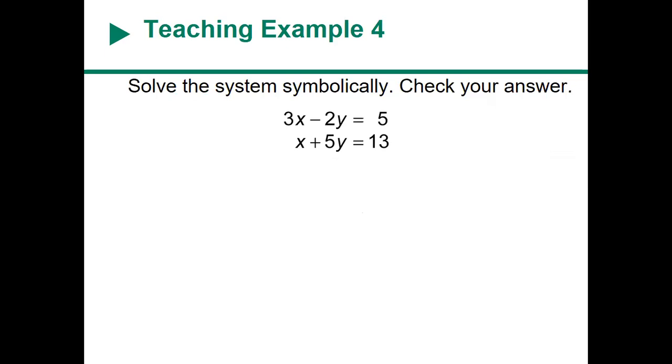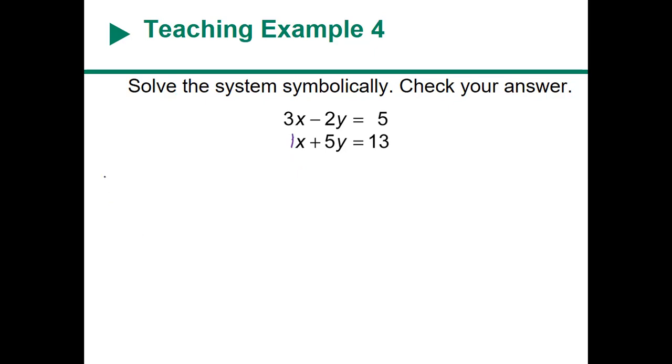All right, here we go. For example, here we have 3x minus 2y equals 5 and x plus 5y equals 13. This is a good example of substitution because I have a variable with a coefficient of 1. I have x, which has a coefficient of 1. So I can isolate x and then substitute that in.